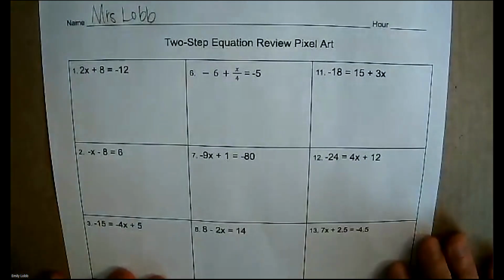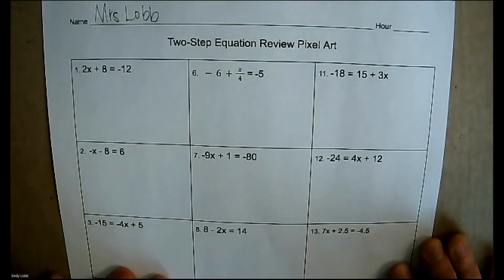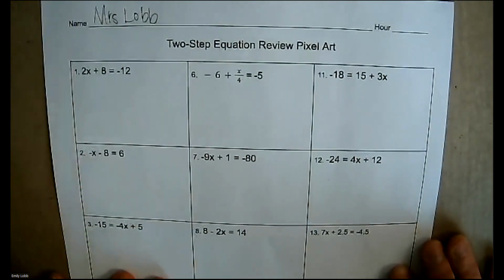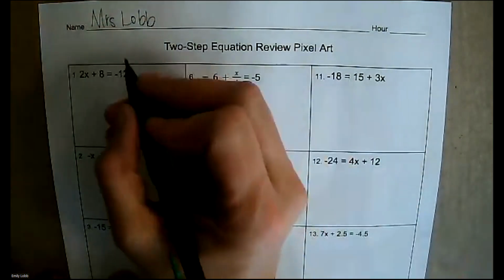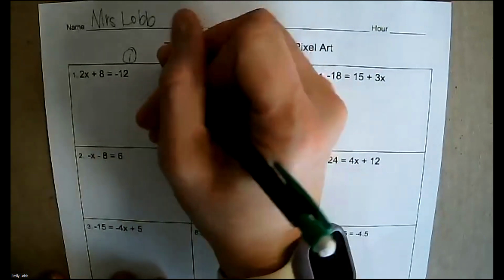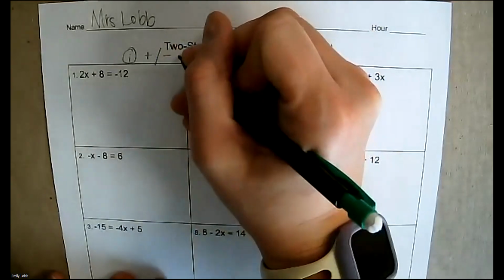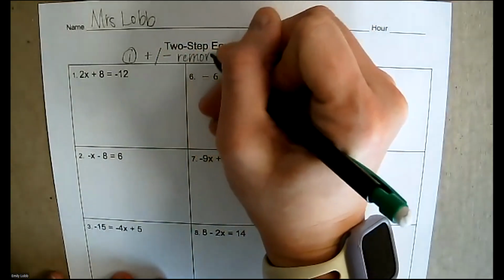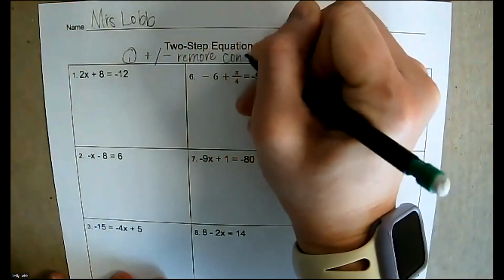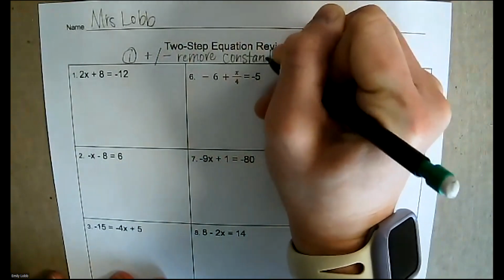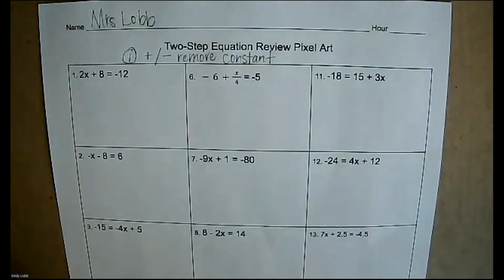So here is number 1 from the pixel art. 2x plus 8 equals negative 12. All right, so with these two-step equations, the first step, remember, is to add or subtract to remove the constant. The constant is just the number that's on the side of the variable.